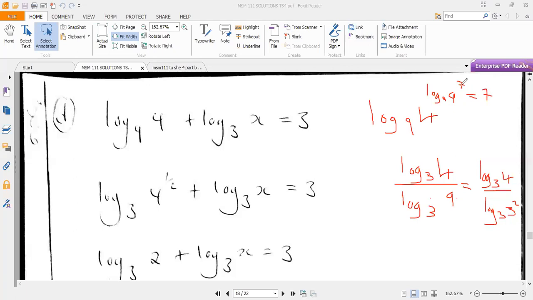Because this guy, the 7 will drop in front. Now, log base A of A, it's simply 7. Now, using the same principle here, we know that we have log base 3, isn't it?